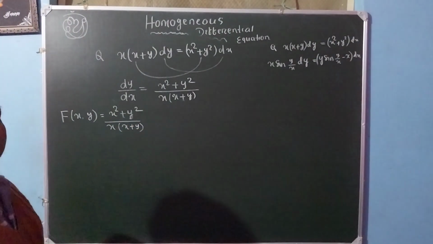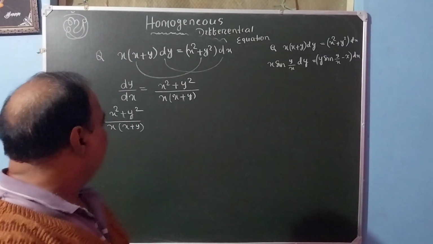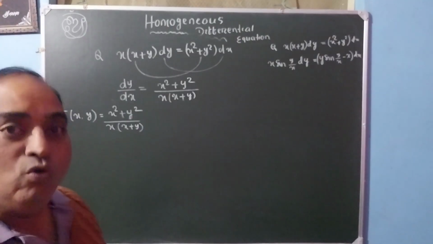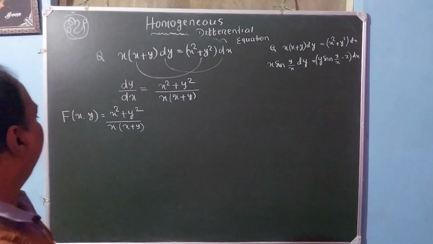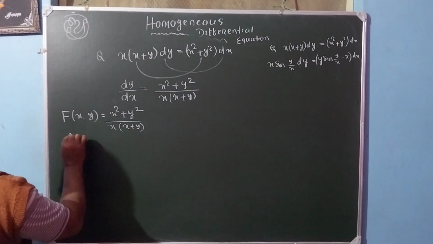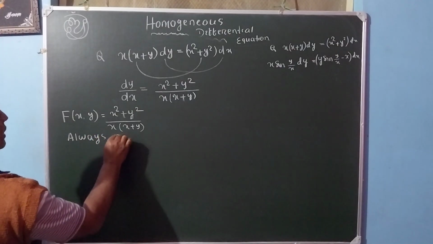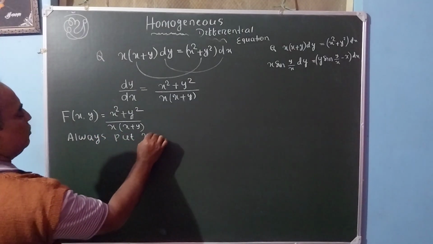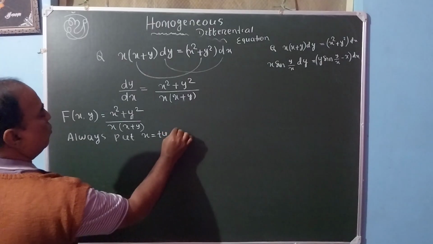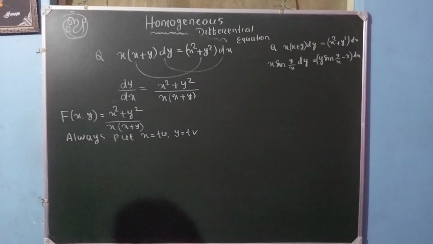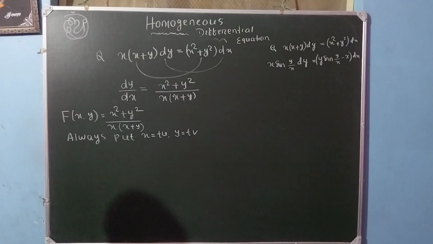For checking a homogeneous function, you always put x is equal to tu, y is equal to tv.